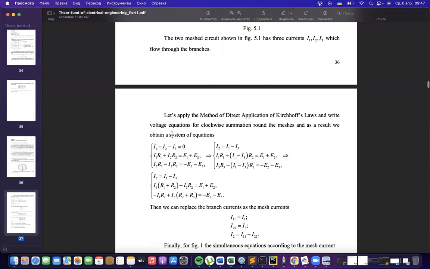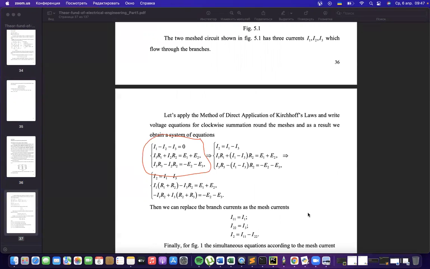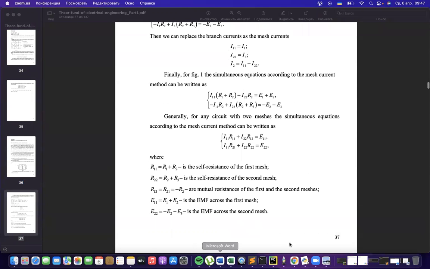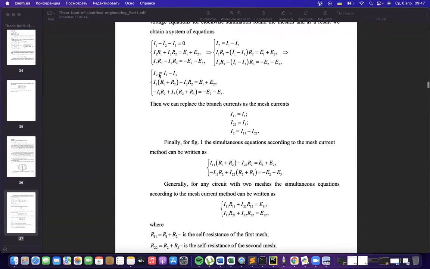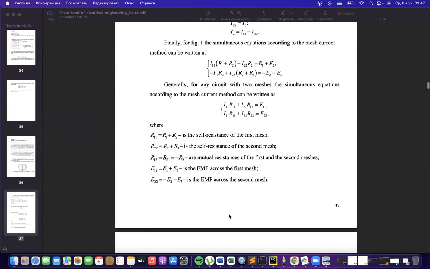Instead of this initial system, we could write this one, inside which the unknown variables are the imaginary values of mesh currents. And it decreases the number of equations. Instead of 3, we get only 2.